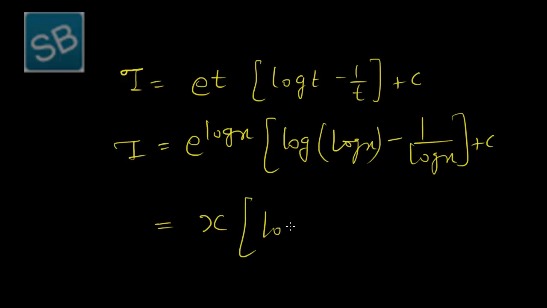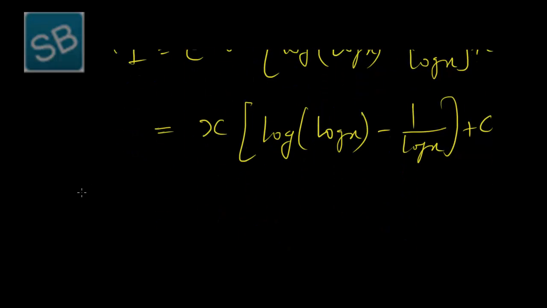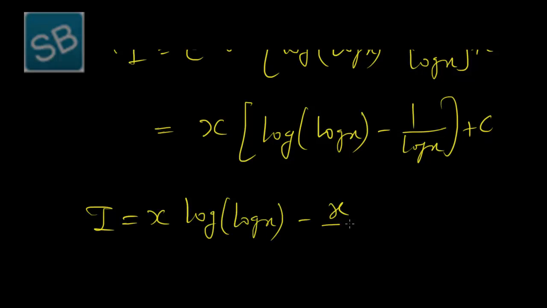We get x into (log of log x minus 1 by log x) plus c. So by using some trick, you can see we can make the question very easy. So in the end, we get I is equal to x into log of log x minus x over log x plus c, which is the required answer.